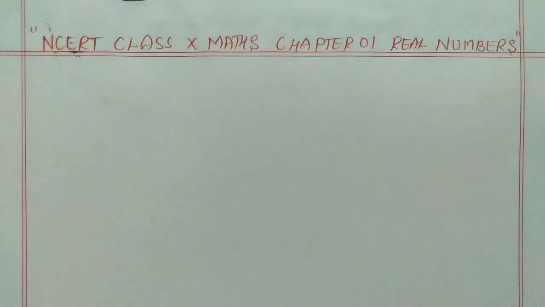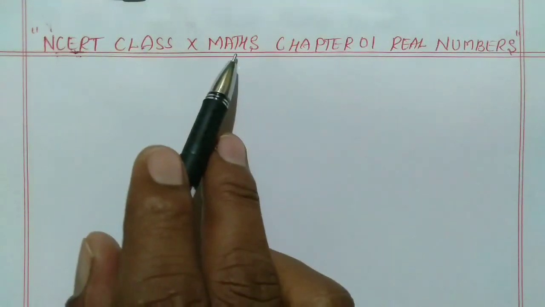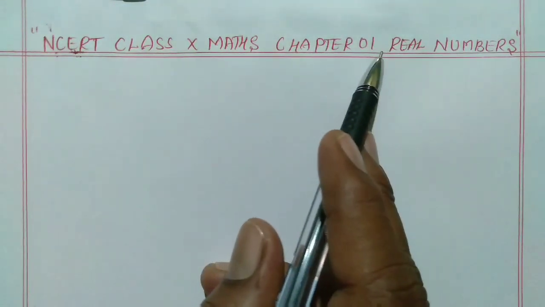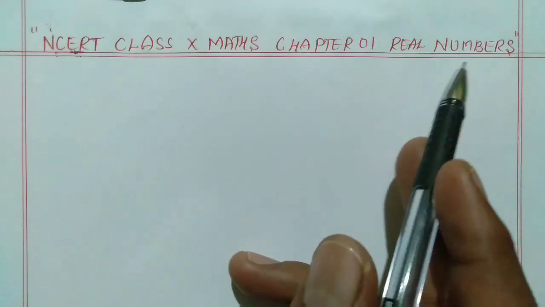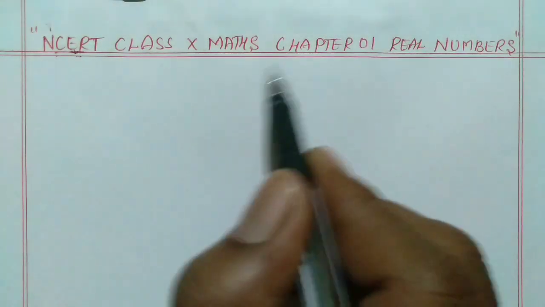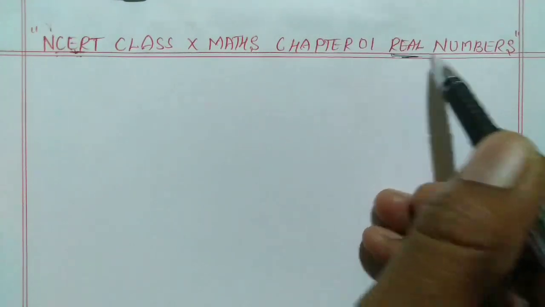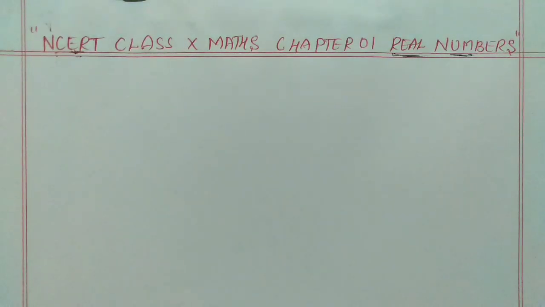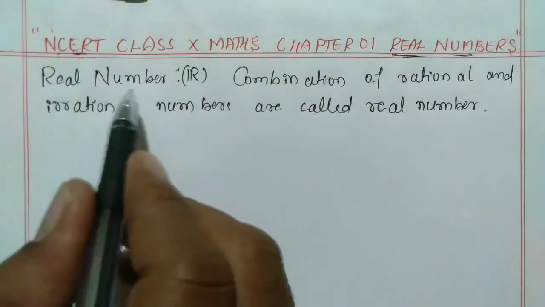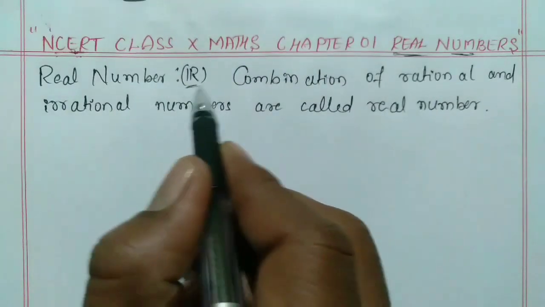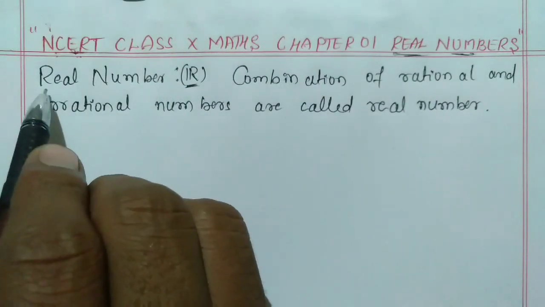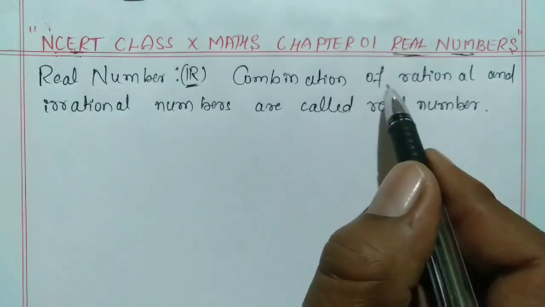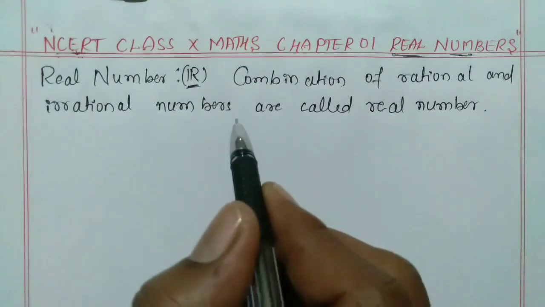Today I will discuss NCERT Class 10 Math, Chapter 1, that is real numbers. In this chapter, first I will explain what is meant by real numbers. Real numbers are represented by capital R. A real number is nothing but a combination of rational and irrational numbers.